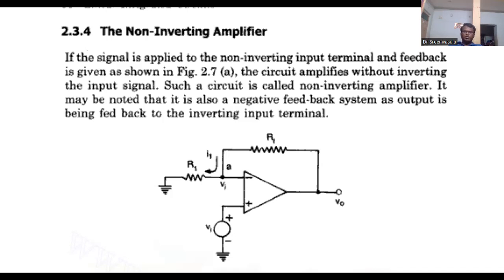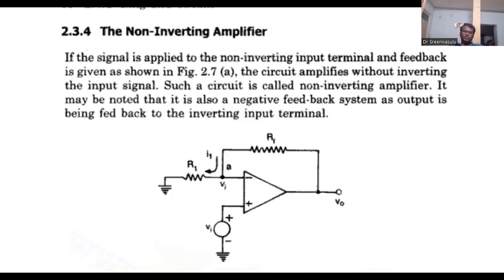Then only the difference is going to be zero. That is the meaning of the virtual ground concept. Whatever the voltage at the non-inverting terminal, the same voltage is assumed at node A, so the difference is zero.